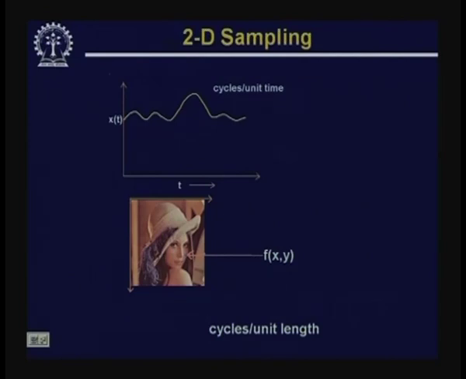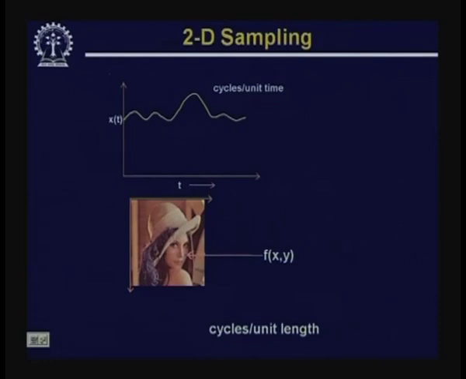If t is time, then x t is a signal which varies with time, and for such a signal the frequency is measured, as you know, in hertz, which is nothing but cycles per unit time.